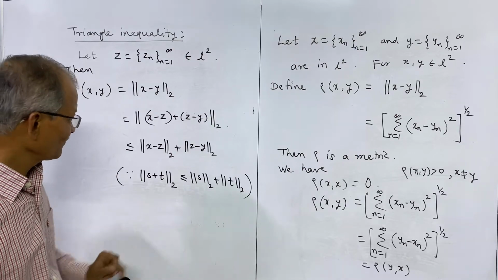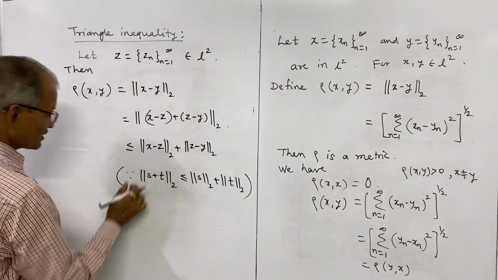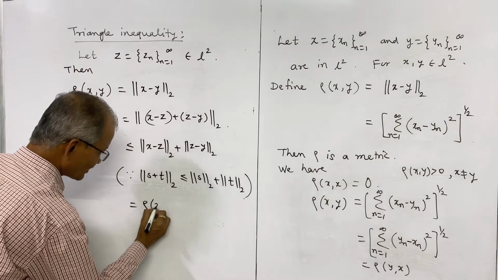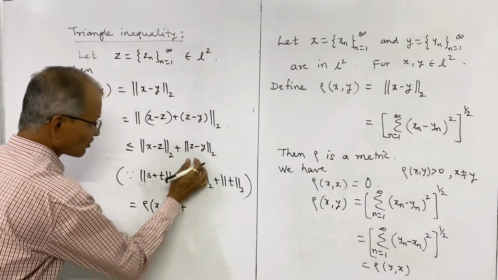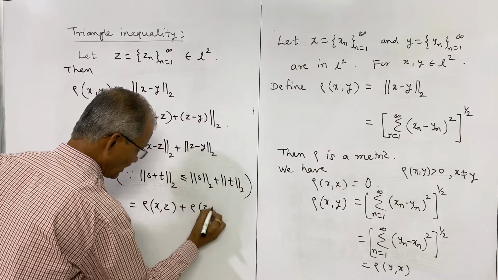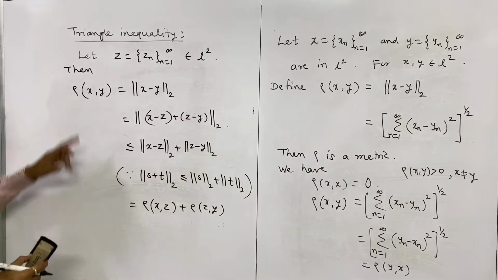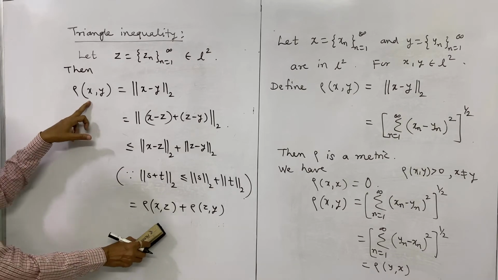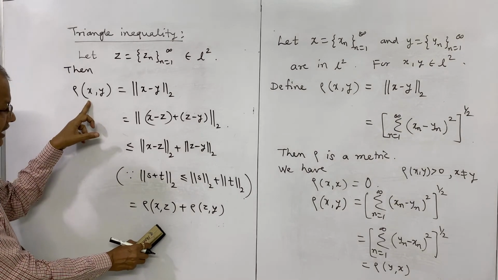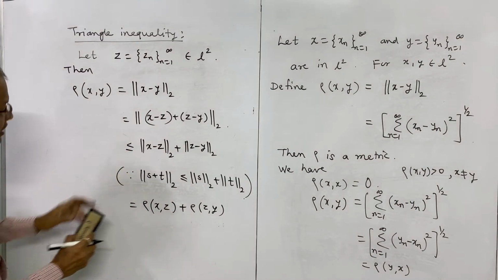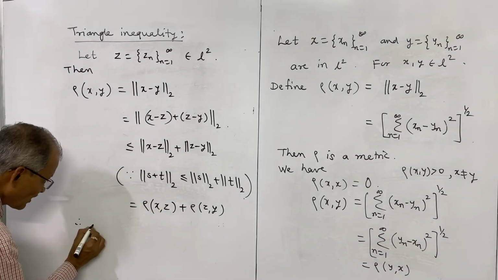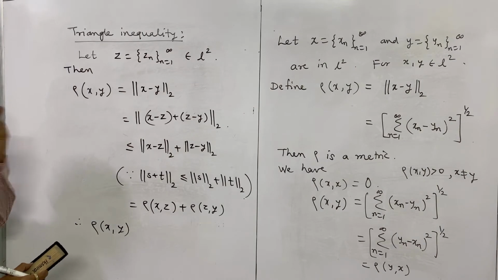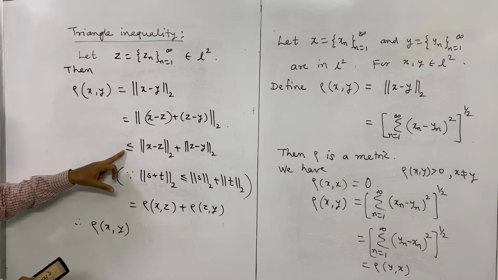But what is this? This is equal to rho of x and z, and this is rho of z and y. And thus you see the left side is this one, and the relation between the left side and the extreme right side is less than or equal to. Therefore rho of x and y, up to this it is equal, but then it becomes less than or equal.